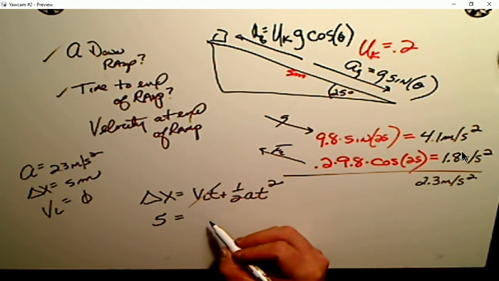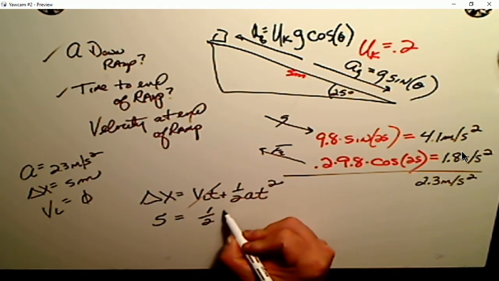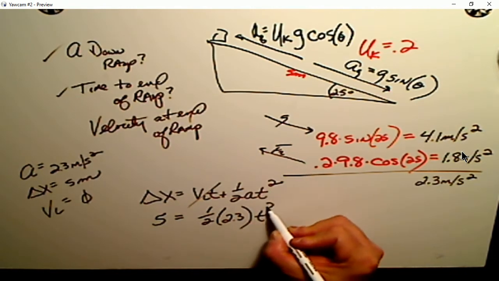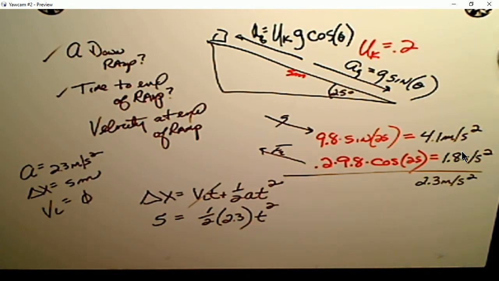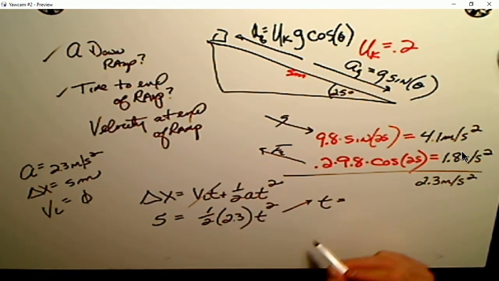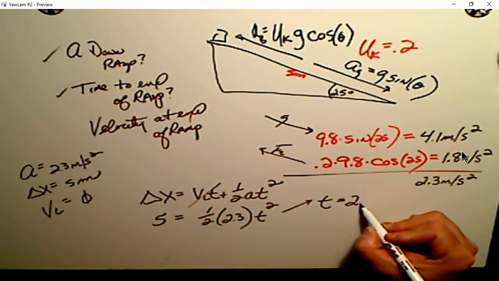That equals 1/2 times 2.3 t squared. This leads to what? T equals... let you do your calculation for a second. 2.1 seconds.